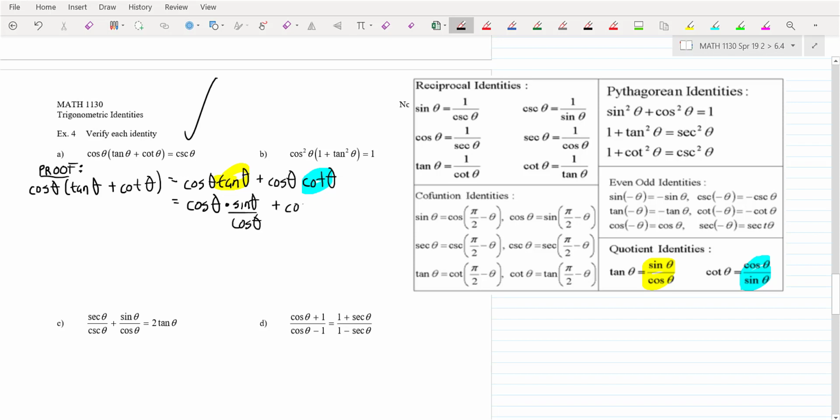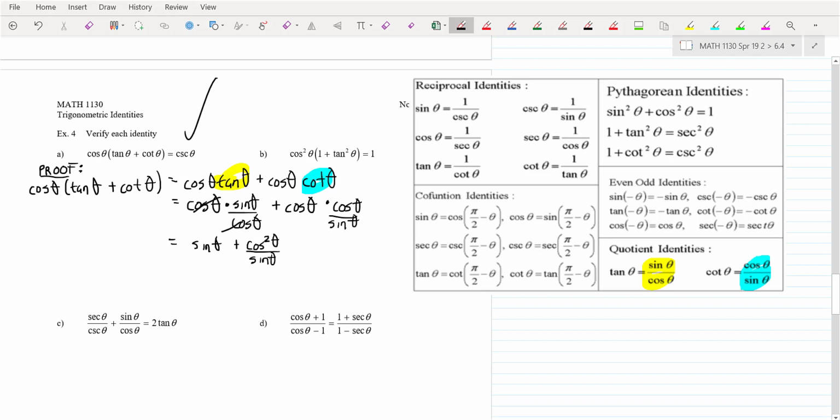Then over here we have cosine theta, and then the cotangent is cosine theta over sine theta like this. Okay, so let's see. That will cross out the cosines. That will leave us with sine of theta. And on this side, cosine times cosine is cosine squared theta over sine theta.